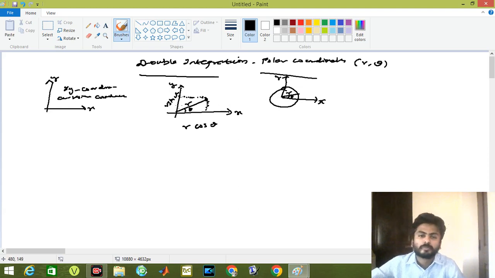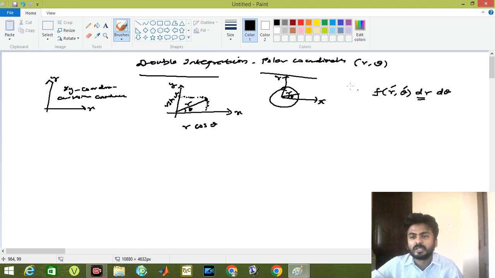So with this basic knowledge, what we are going to integrate is a function of type f of r comma theta. When you are having r, definitely you will have dr. When you are having theta, definitely you will have d theta.